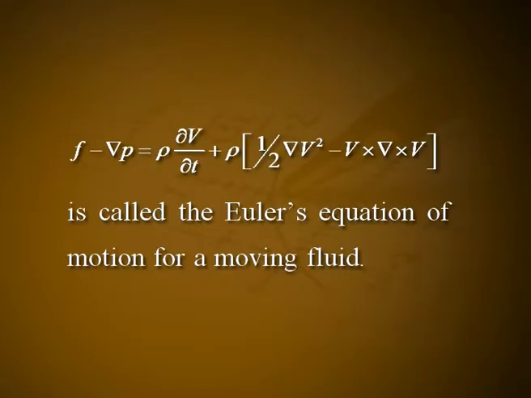F minus del P is equal to rho into ∂V divided by ∂T plus rho into 1 by 2 into del V squared minus V cross del cross V is called the Euler's equation of motion for a moving fluid. Torricelli's theorem states that the speed of efflux is same as that acquired by the fluid falling freely from the height h.